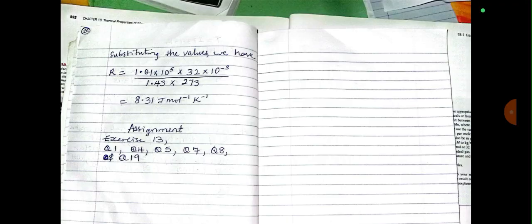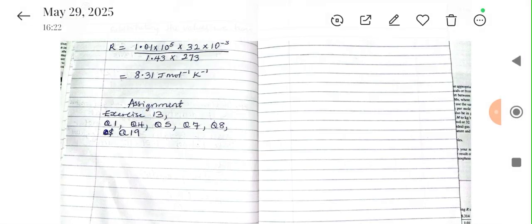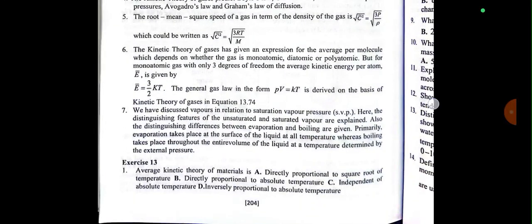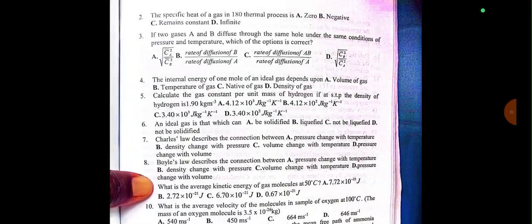So now I have an assignment for you. You are going to solve question 1, question 4, question 5, question 7, question 8, and question 19 under exercise 13. That's this chapter. Here are the exercises; start from here, and then all these.